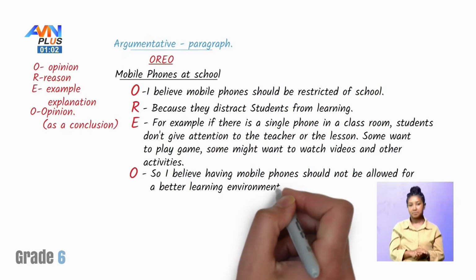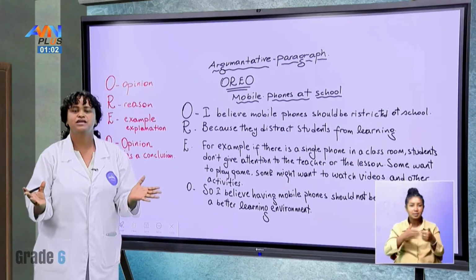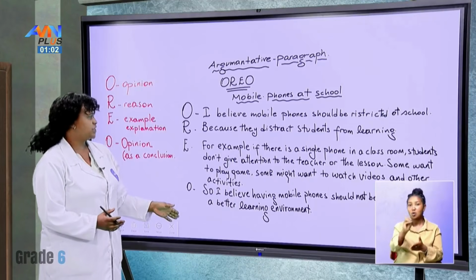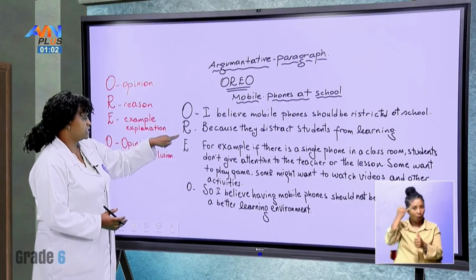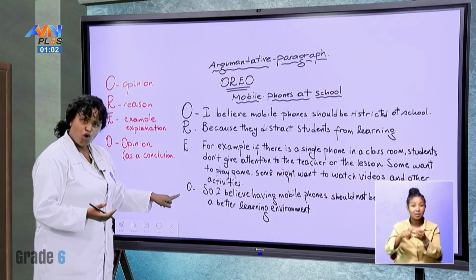Here we go. This is how we simply write an argumentative paragraph using this Oreo. You see? Opinion, reason, example, and more explanation. And then finally, opinion.